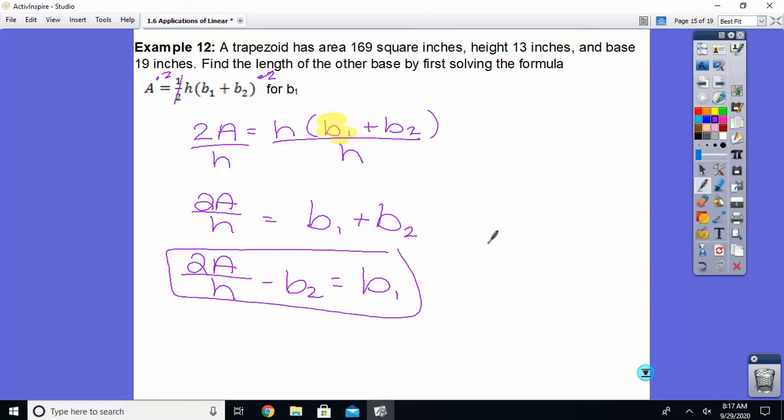I didn't specify what all my variables stood for, but which one do you think is my area? A. Okay, so plug in 169 for my A. My height would be h, that was 13, minus, one of my bases was 19. You could plug it in for either one. I'm just going to put it in for b sub 2.